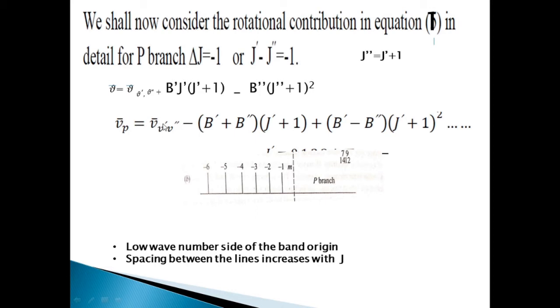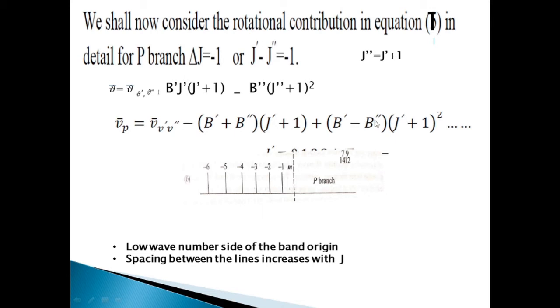This is the line for the band origin. So it is band origin minus these terms. And listen here, this B prime minus B double prime: we consider here that B prime is less than B double prime, so this value would be negative.